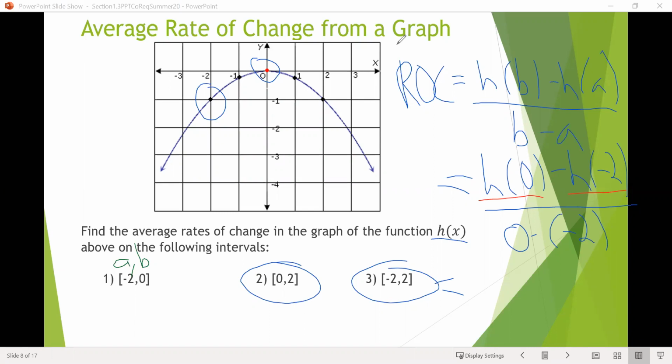We need to find the output values there. So h of 0 from our function looks like the output value there is 0, minus h of -2, which looks like the output value there is -1. All over 0 minus -2, that'll make a +2 in the denominator. On the top, 0 minus -1 will give us +1. So it looks like we get 1/2 as our average rate of change there.